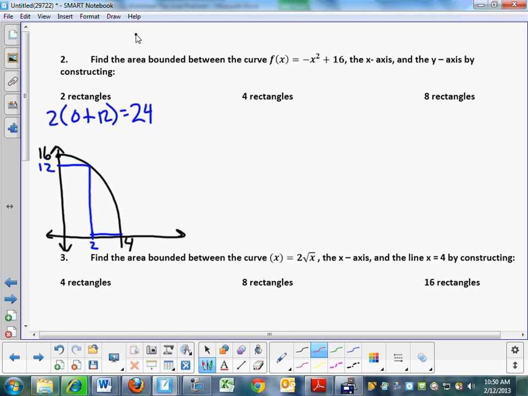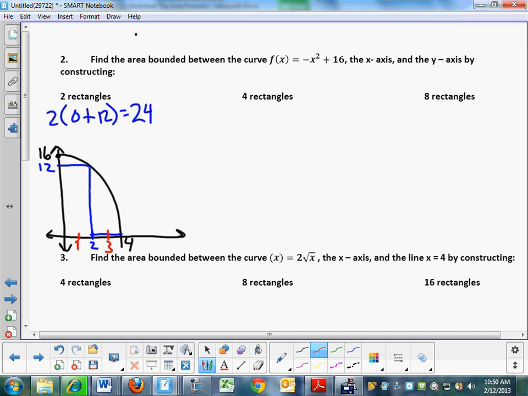Now it's divided up into 4 regions. Okay, if I divide it up into 4 regions, so if you plug in 2 squared is 4, make it negative. Okay. So let's divide it up into 4 intervals now.